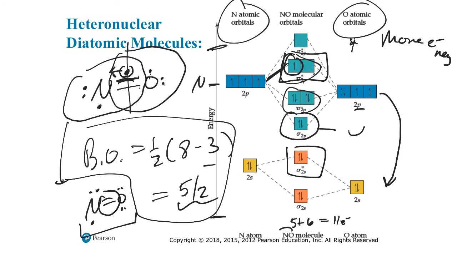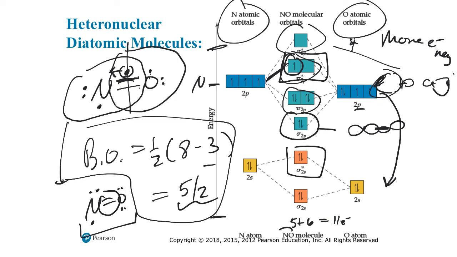For example, this orbital here would look like this combination here, and then perhaps this orbital up here that doesn't have any electrons would look like this orbital here. So it'll look like larger orbitals pointing away from the nuclei, like p orbitals that are just bigger on the outer ends of the molecule.